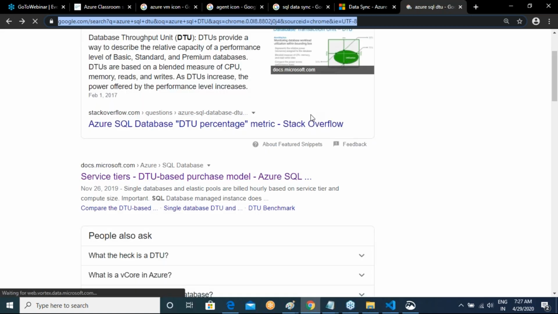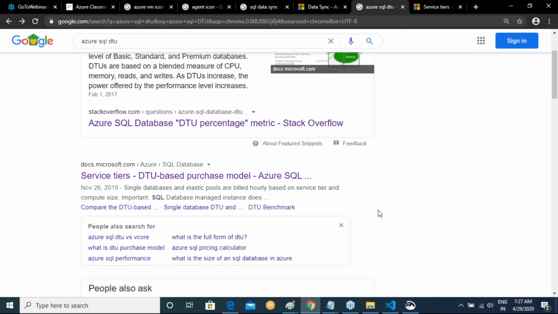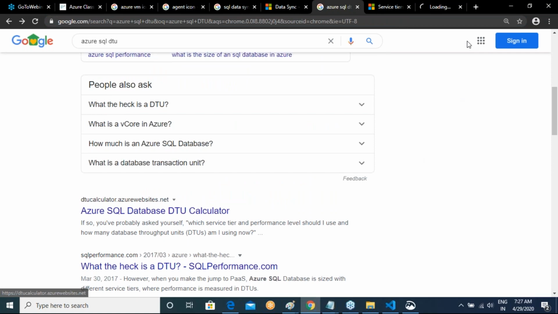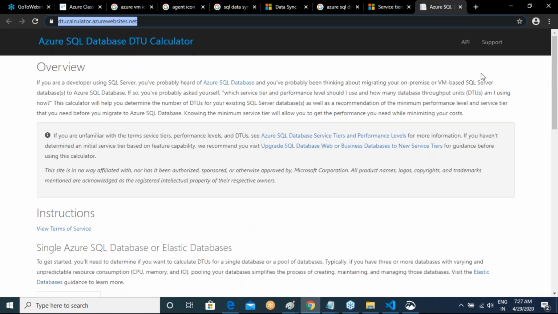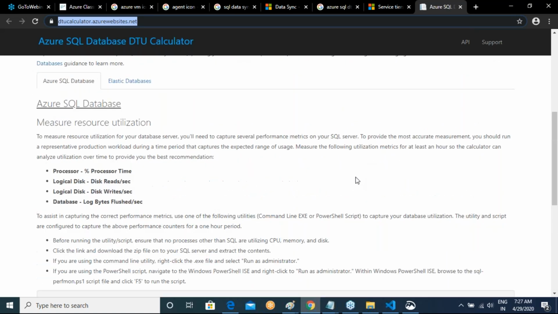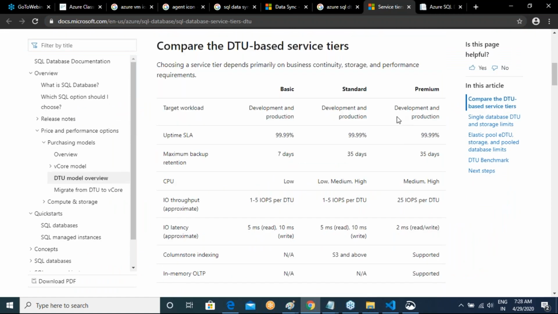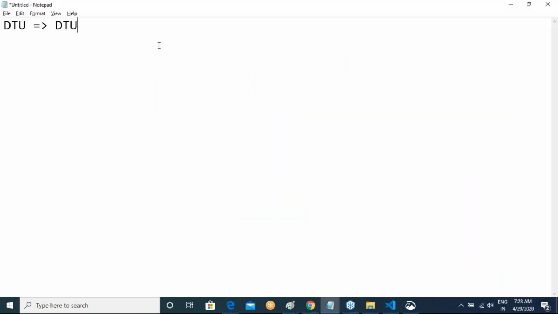For calculating this, they had given you DTU calculators and all of that. This was a strange design by Microsoft, where they used to say that whenever you increase DTU, I'll be increasing. DTU is a combination of CPU plus RAM plus IO speed.